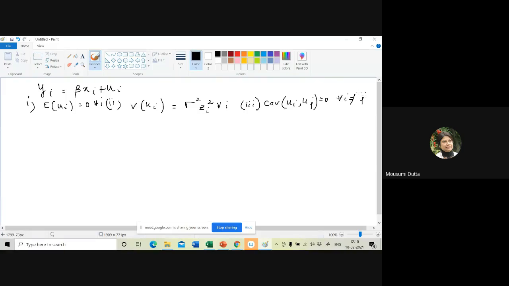Okay, and xi is non-stochastic. This is the setup.